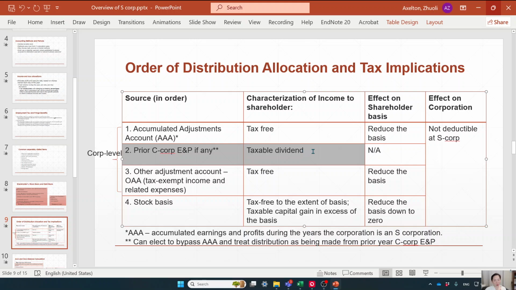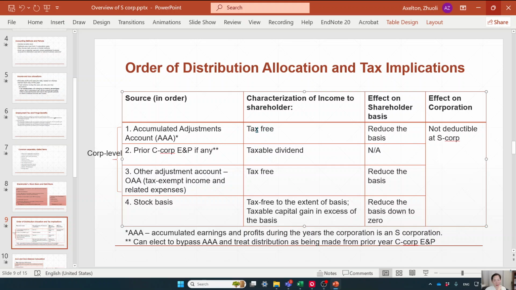It will follow the C Corp distribution rules. So that's why the different buckets are maintained, to ensure the proper characterization of the S Corp distributions.